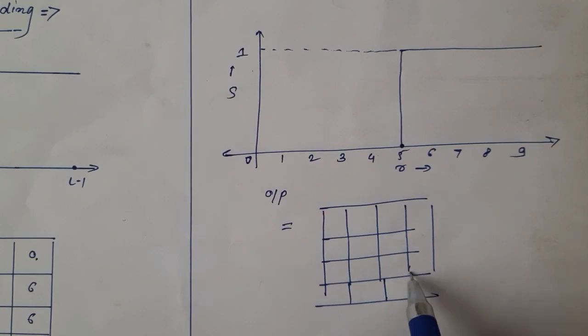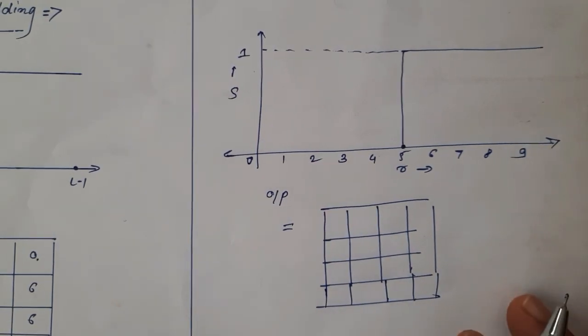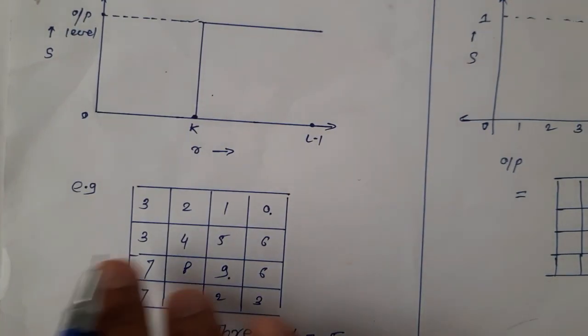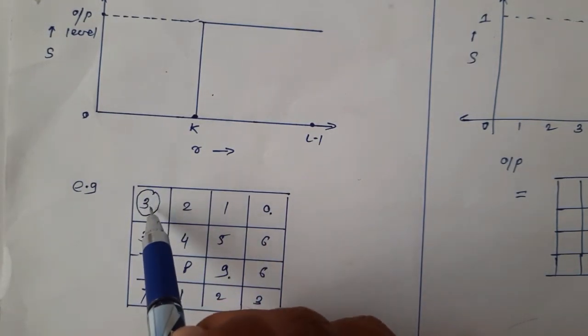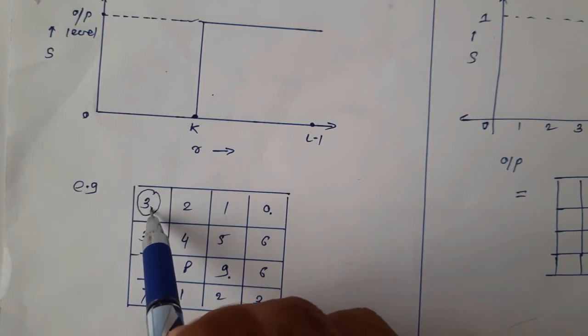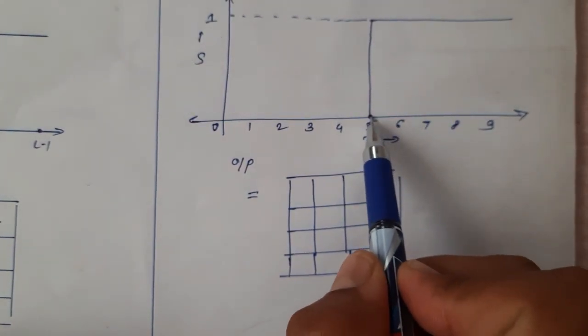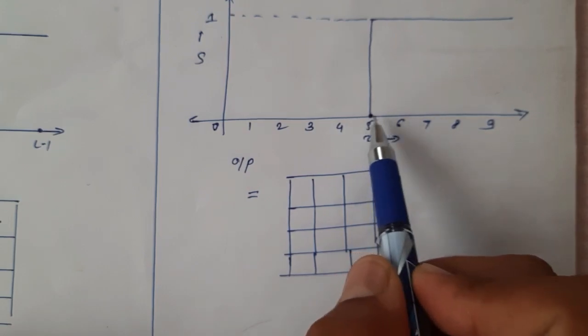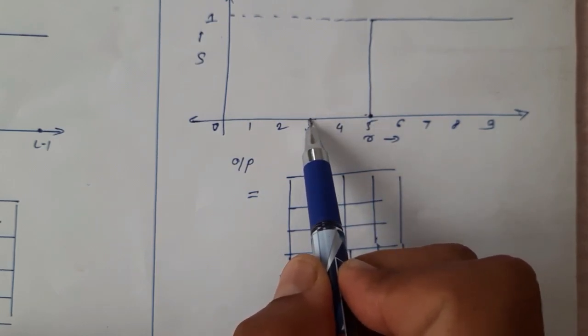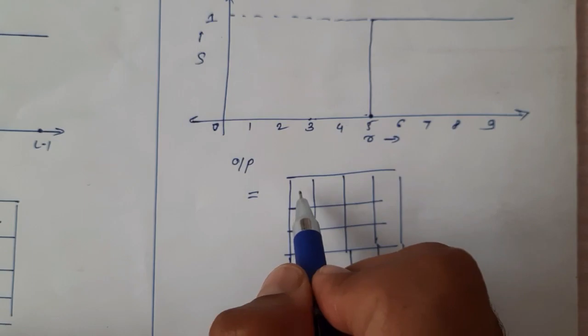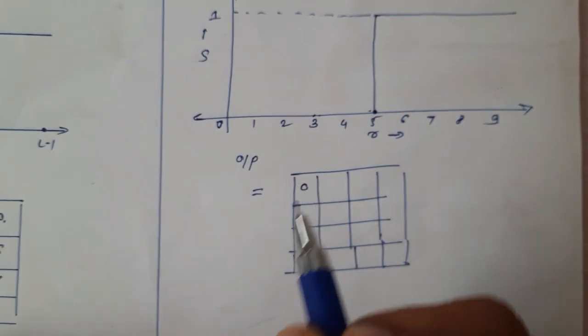Now just check the input image. The first pixel of the image is 3 and this value is lower than threshold 5. So you have to convert that value from 3 to 0.